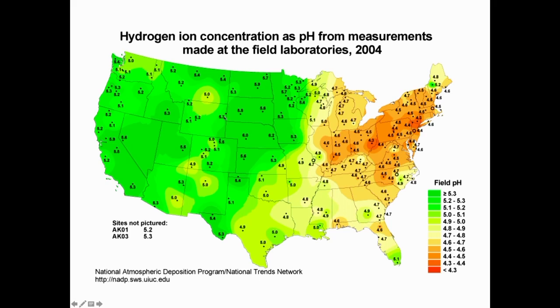So it's not a very large range, but don't forget it is a logarithmic range. So you're talking about an order of magnitude in hydrogen ion concentration. And on the east coast, you're more acidic than you are on the west coast.